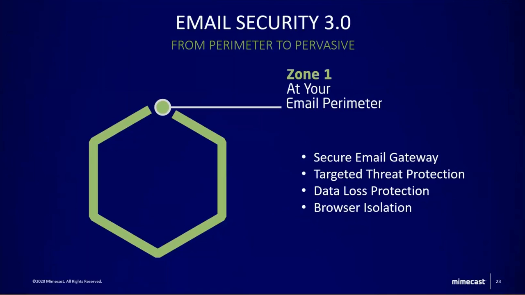And this is your traditional layer of protection on keeping attacks out at the email gateway, basically. And this is a secure email gateway that protects against viruses and spam.